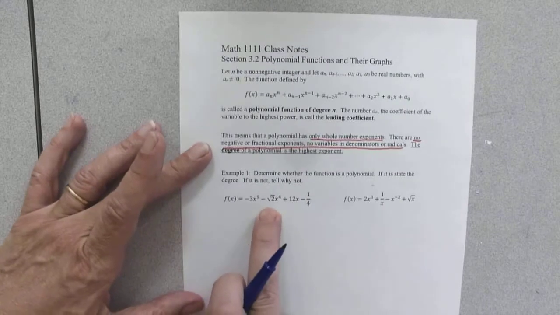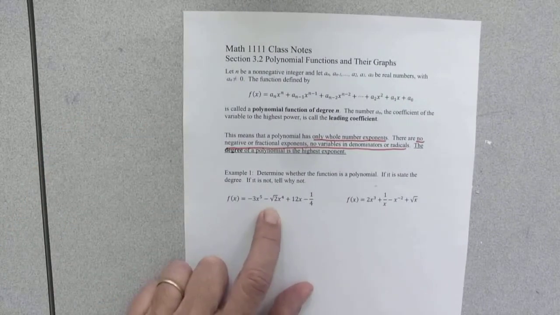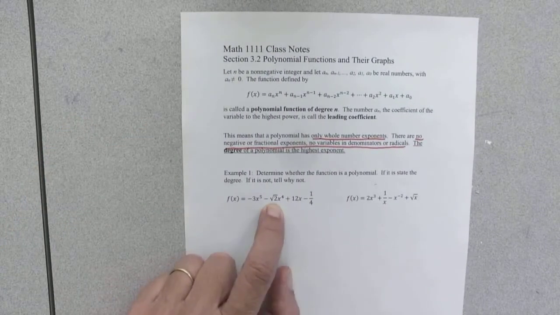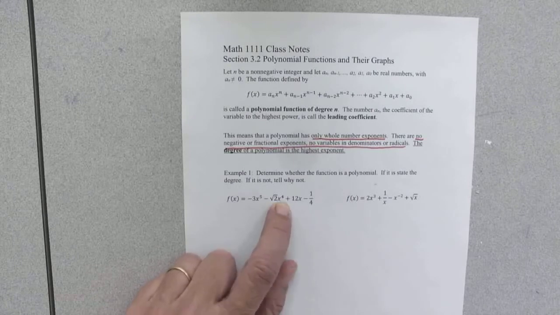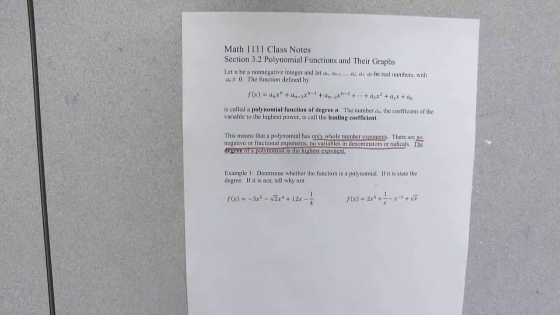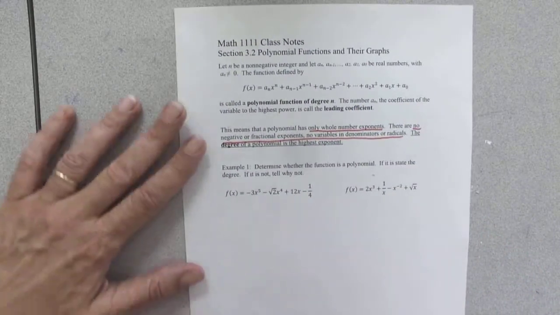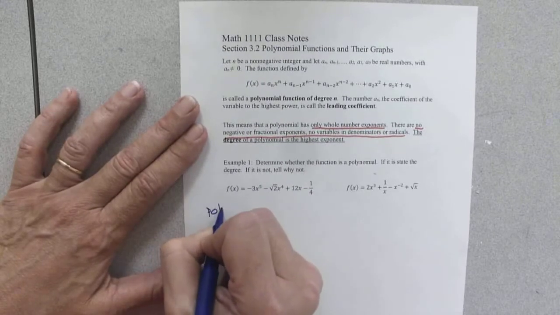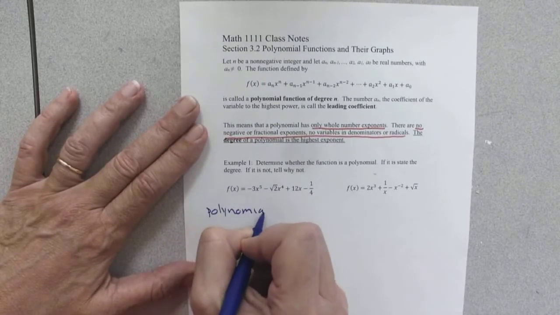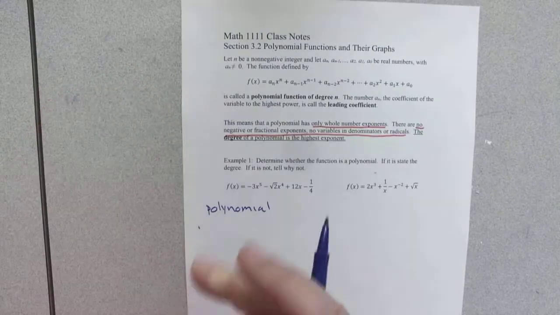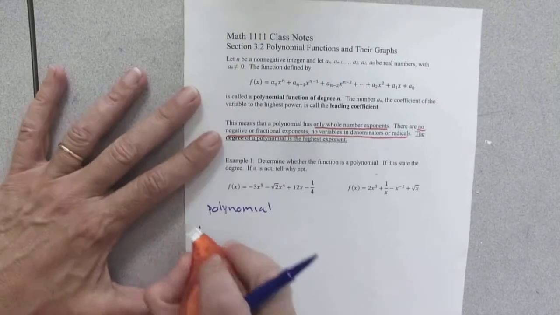And so this first guy here is a polynomial, and I am trying to trick you here. Square root of 2 is a coefficient, but notice the x is not inside, and it doesn't matter what the coefficients are. Up here, all it says about the coefficients is that they're real numbers. And so this guy is a polynomial. Specifically, we have only whole number exponents.